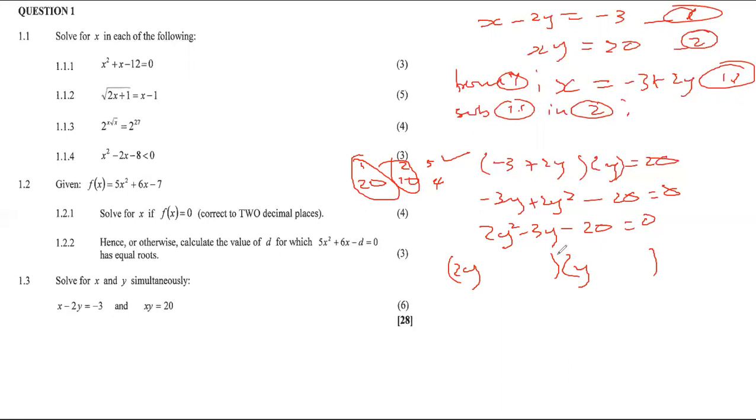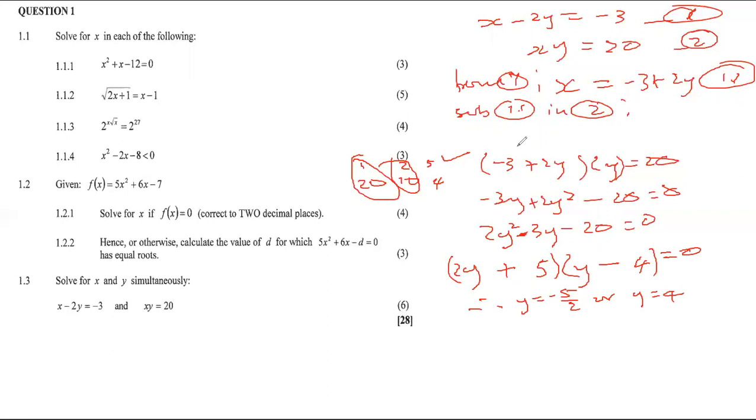In this case, it is better I put my 4 there so that I have an 8, and then I put my 5 here. 8 minus 5 will give me a 3, and I want the 8 to have the sign of the middle term, so I'll have a negative there and a positive here. Remember, this is an equation, and therefore y is minus 5 over 2, or y equals 4.